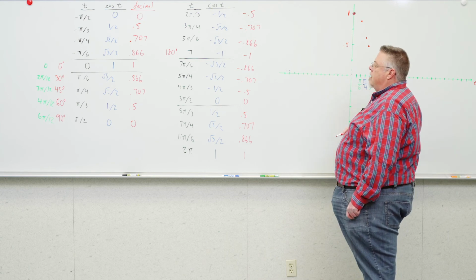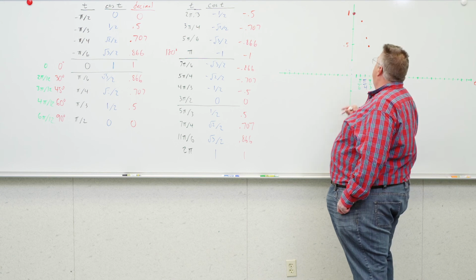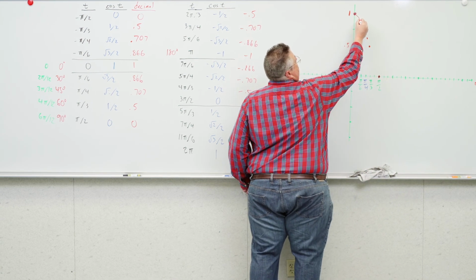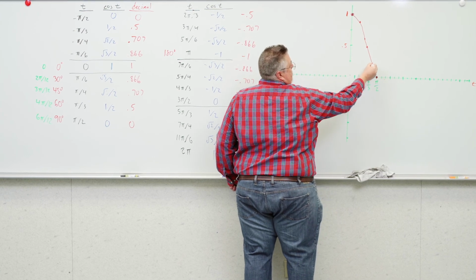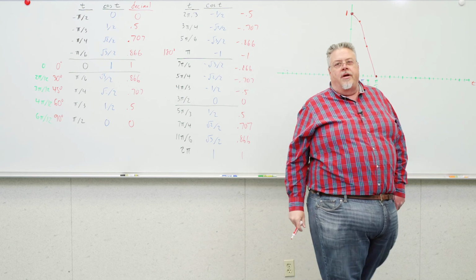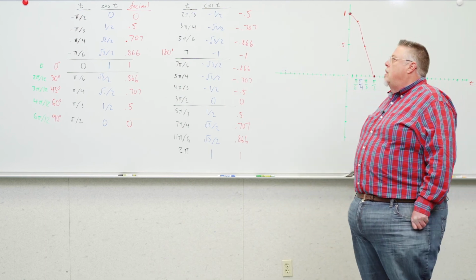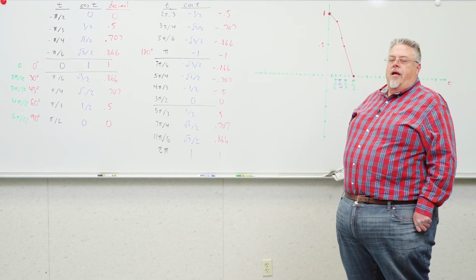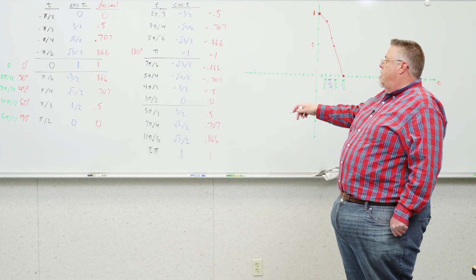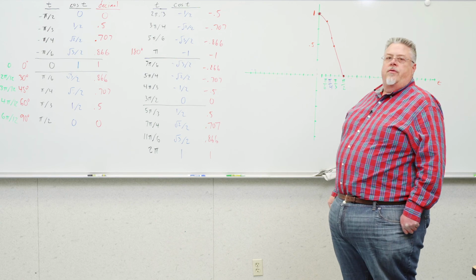All right, so that gives me some of the points, and what you see here is a bit of the curve. Now I'm going to ask you to pause the tape and see how you do graphing the rest of these points.